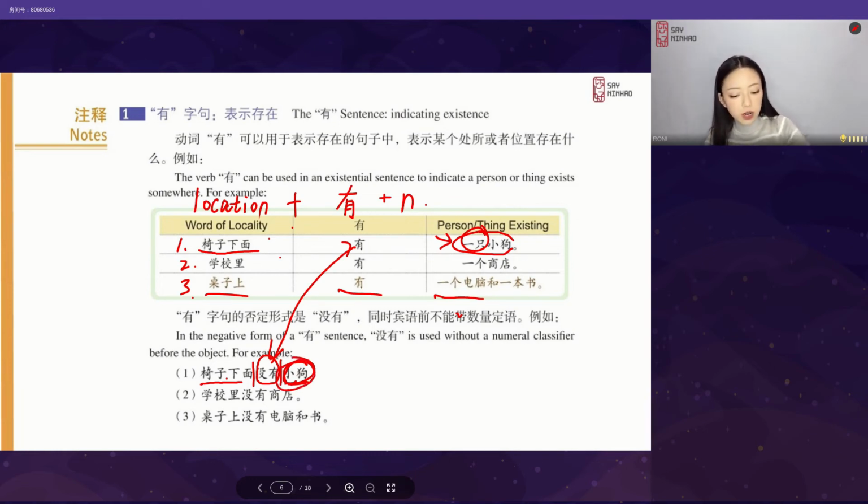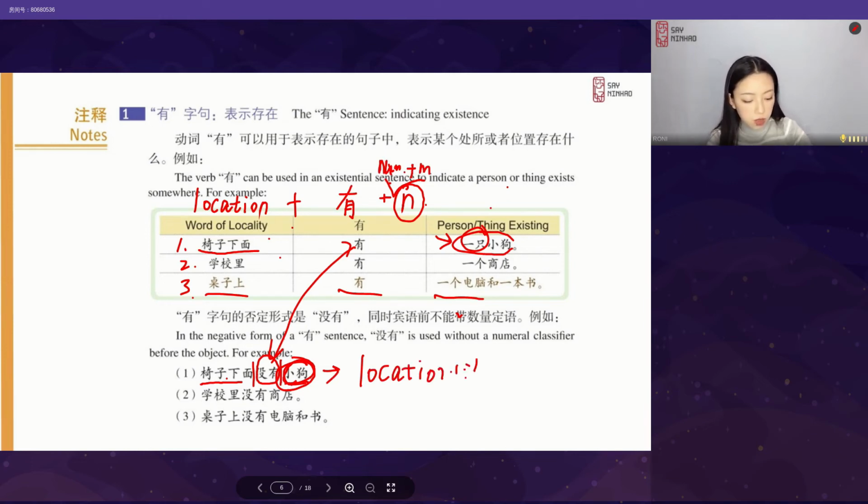So in the positive one, before the noun, we actually have a number and then a measure word. But for the negative, no numeral classifier, just location plus 没有 plus something. This is the structure.